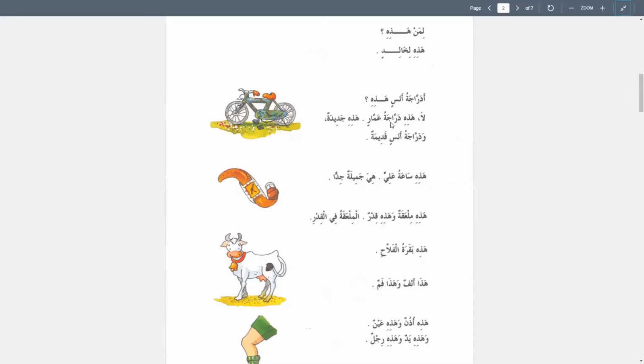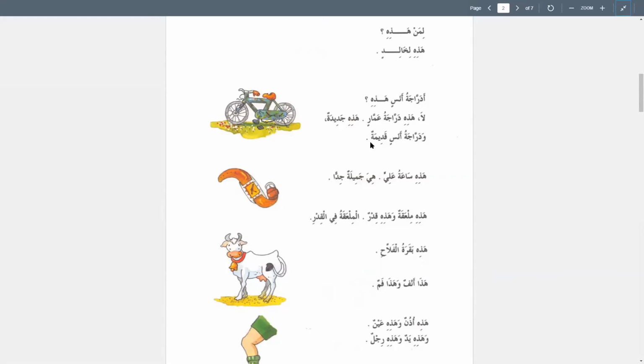Darajatu anasan hadhihi. La hadhihi darajatu amarin. Hadhihi jadidatun. Wa darajatu anasan qadimatun. So we have jadida and qadima. Do you know those? What's jadida? Is it new? Jadida.